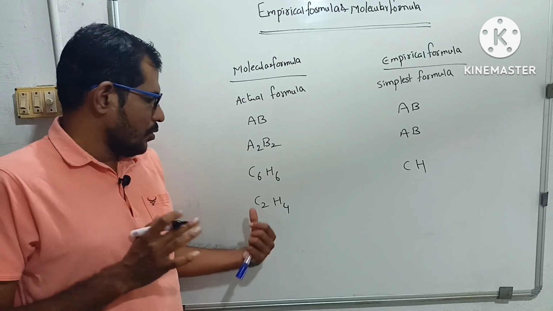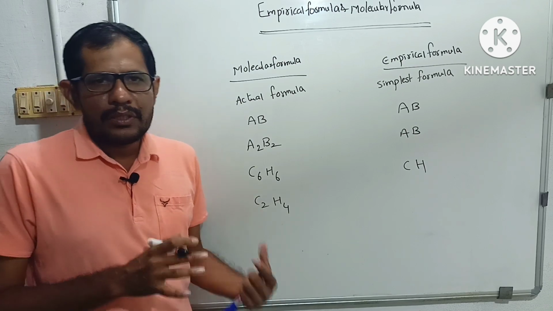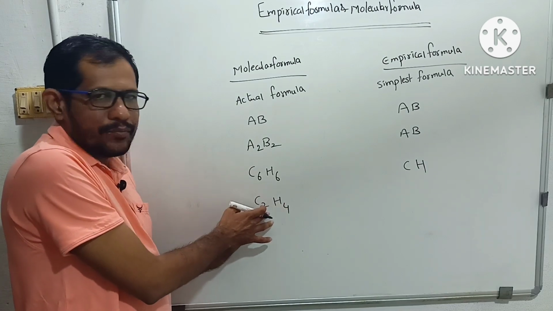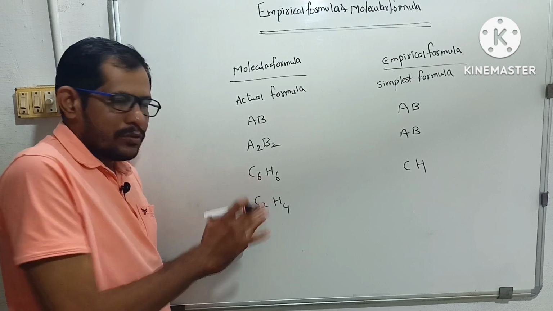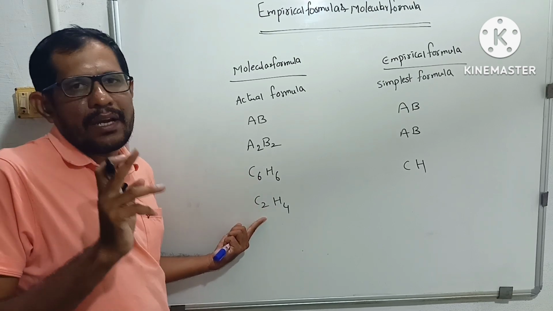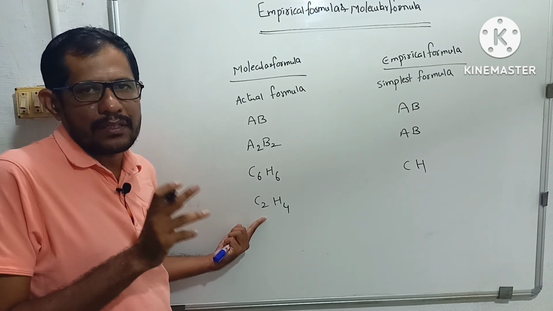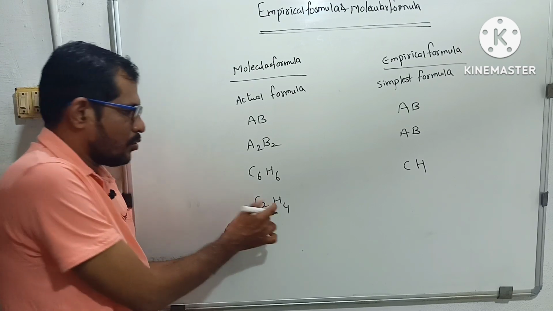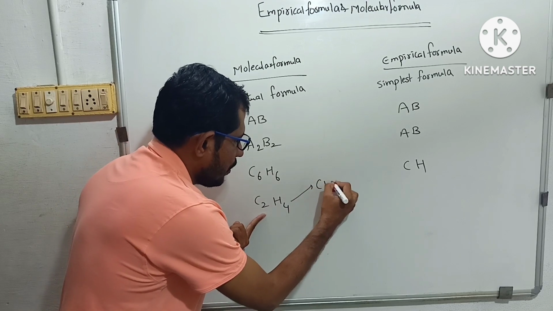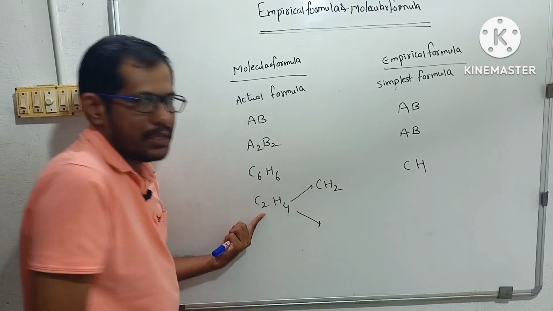A doubt will come. When you divide, make sure that no fractions come. If I divide with 2, CH2 will come.